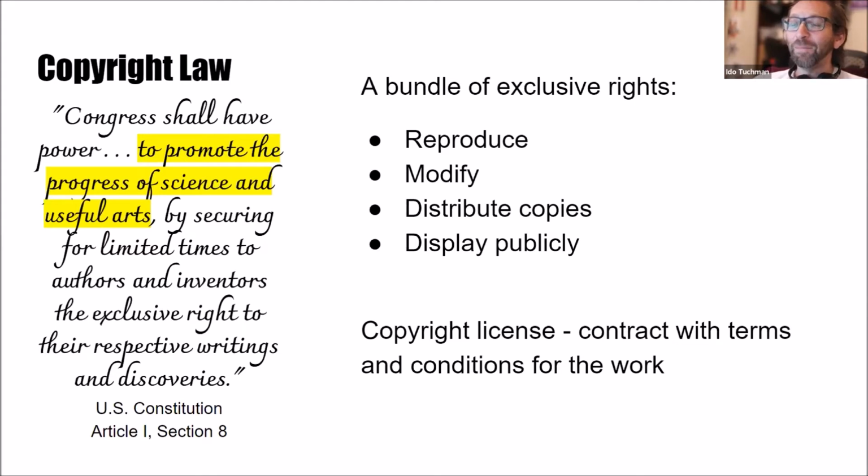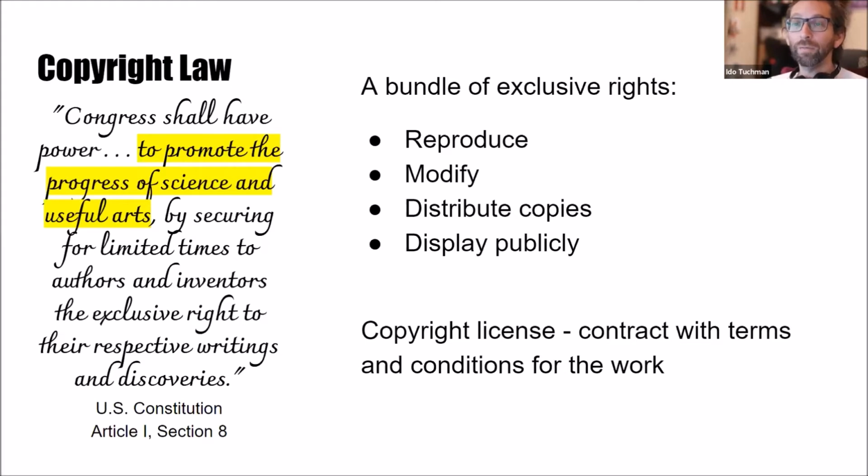So we have copyright. You can get a copyright for source code and object code. And a copyright license is a contract that permits non-owners of a copyrighted work to be able to modify, distribute, and copy the work under certain conditions.